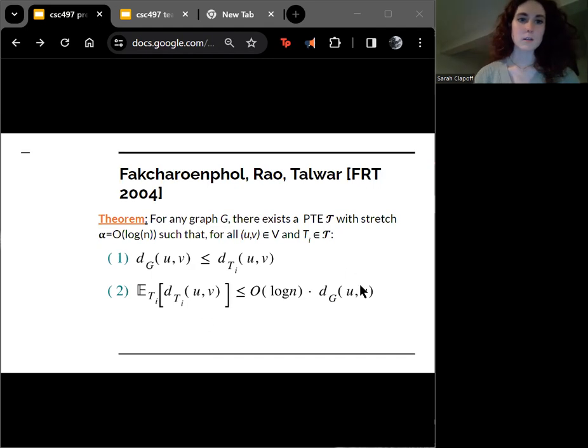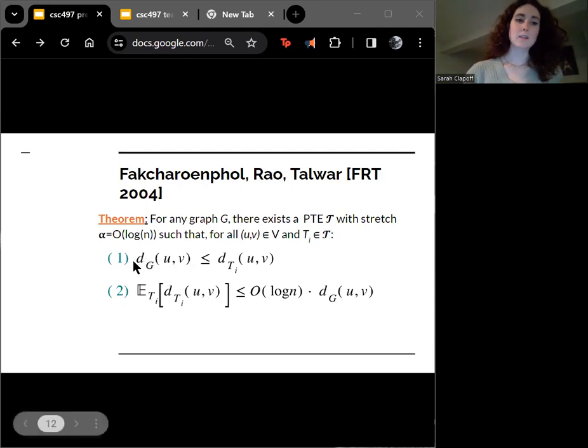So this is their theorem here. They say that for any graph G, there exists a probabilistic tree embedding T with stretch O of log n, such that for all pairs of nodes in G, and for all trees in this distribution, the distance on the tree is larger than the distance on the graph, and the expected distance on the tree is smaller or equal to O of log n times the distance in the graph.